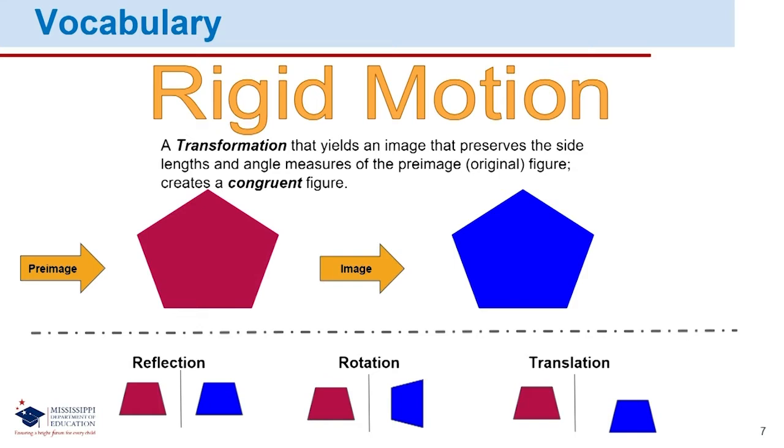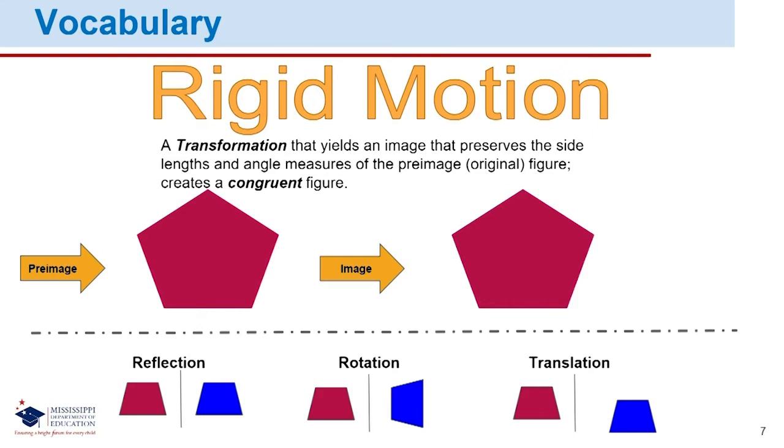So if I were to move the pink pentagon directly on top of the blue pentagon, it should cover it fully. So if all angles match and all side lengths match, that is congruent.